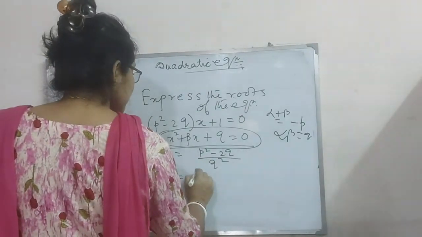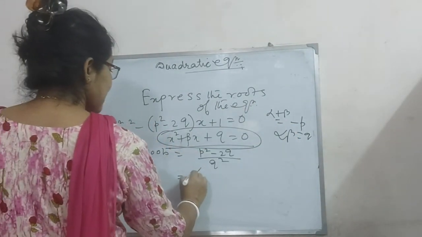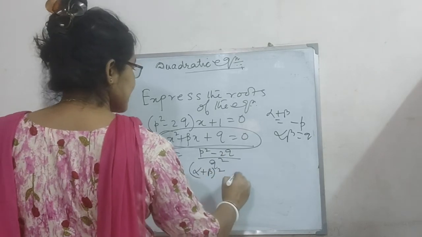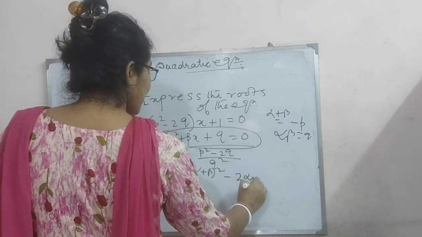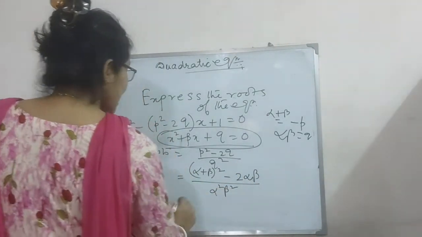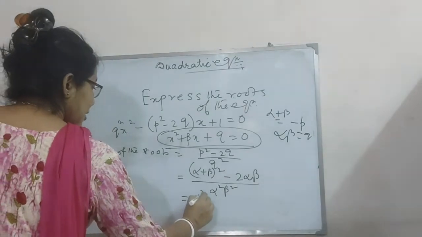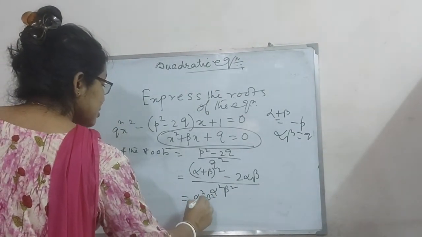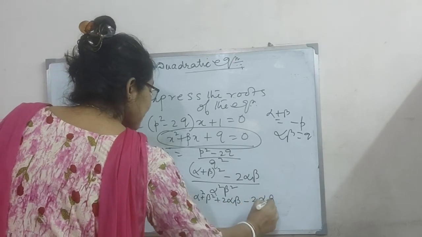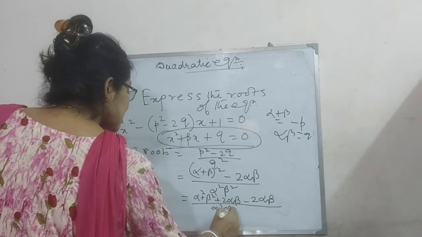p equal to minus alpha plus beta. That means I can write it in this way: alpha plus beta whole square minus 2 alpha beta by q square, alpha square beta square. So this equal to alpha square plus beta square plus 2 alpha beta minus 2 alpha beta by alpha square beta square.